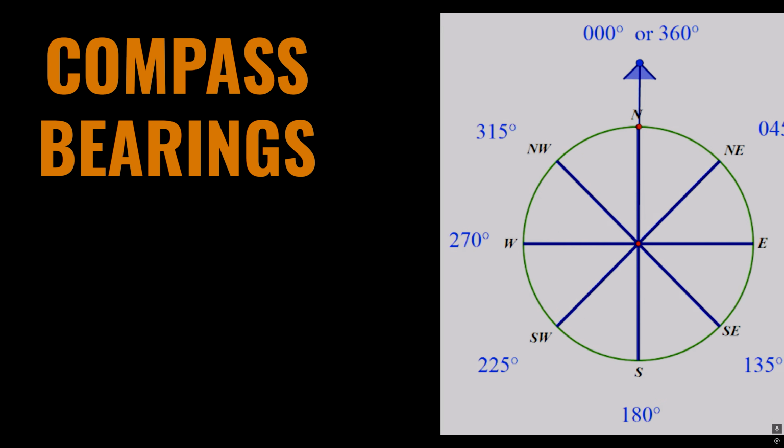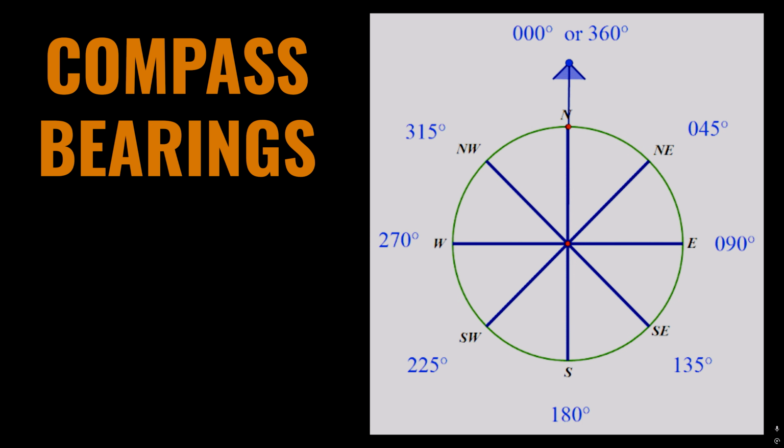Now, before we go any further into looking at any actual METAR or TAF reports, I do want to mention that you should know your compass bearings. Now, when you're looking at this compass here, you should see the cardinal directions here, north, east, south, west, and the intermediate directions, northeast, southeast, all that. But the degrees that are associated with each of these directions are something that you should definitely know. Now, I would really just make sure you know north, east, south, and west.